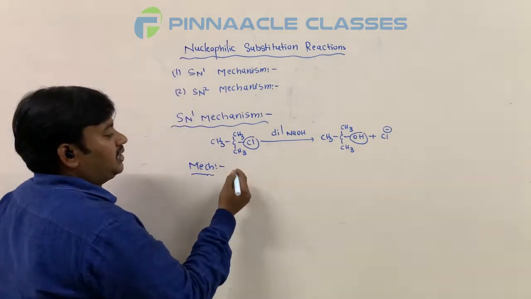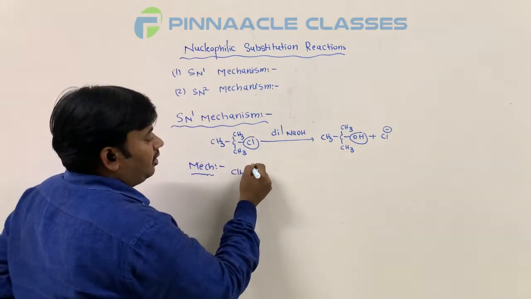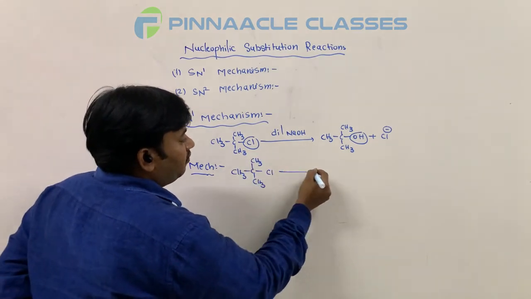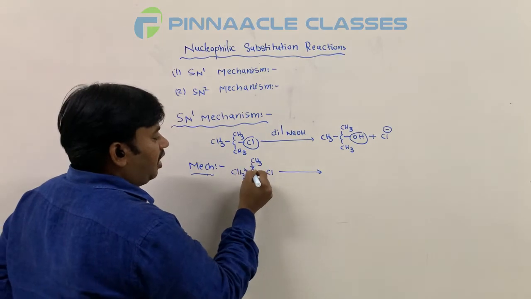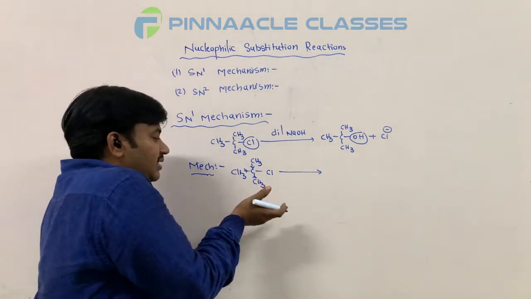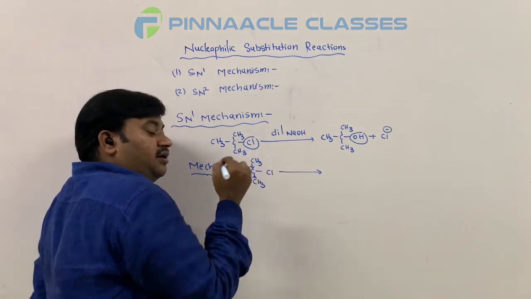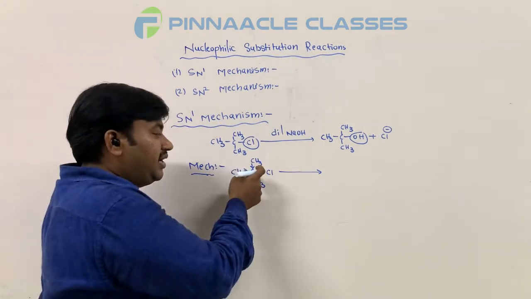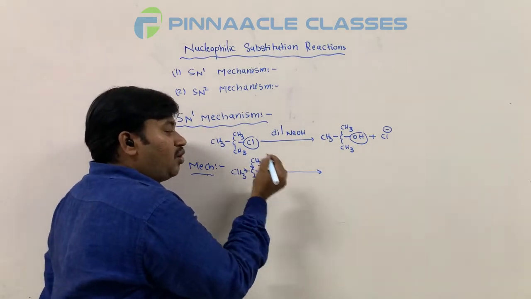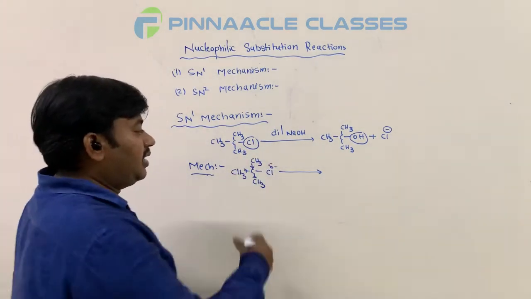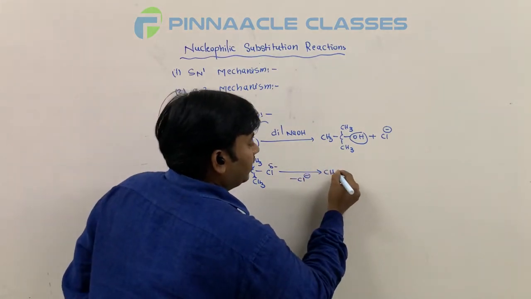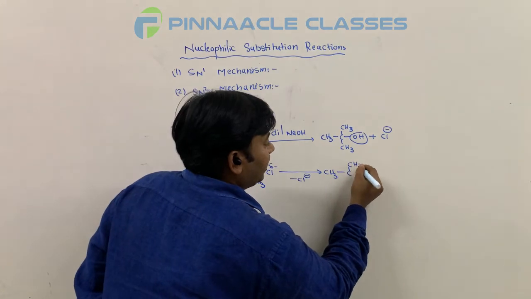Okay, now you see tertiary butyl chloride. Here all these methyl groups act as plus I groups, electron donating groups. They can donate electrons to the carbon, so the electron density of carbon increases. That will make the carbon-chlorine bond polarize. Chlorine will get a negative charge and go out, and you will get a tertiary carbocation.